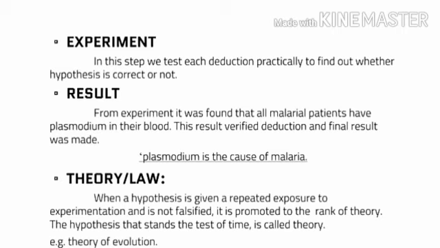These results verified the hypothesis, that is, plasmodium is the cause of malaria. Now, the theory. As more evidences come to hand in the favor of hypothesis, the hypothesis gains increasing acceptance and eventually is promoted to the rank of a theory.